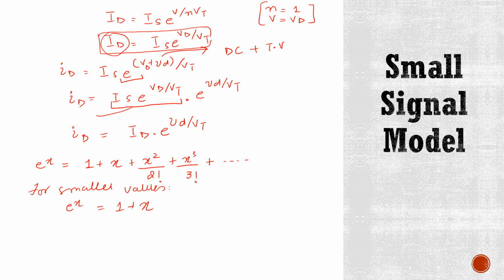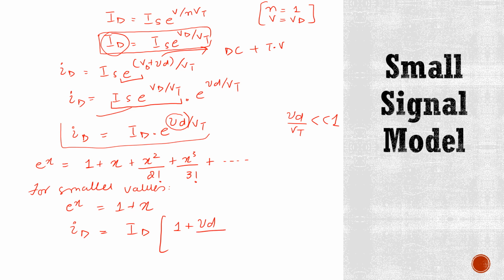Now, if the amplitude of this signal vd is kept sufficiently small such that vd divided by Vt is less than 1, and if we apply this power expansion formula here, then we'll get iD is equal to ID multiplied by 1 plus vd divided by Vt.